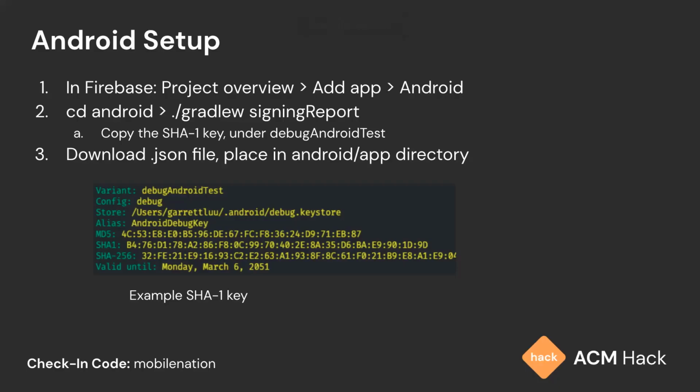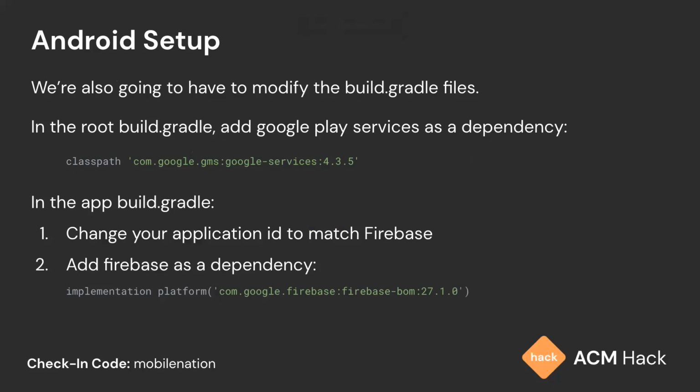So this is just an example of what it looks like. We're also going to have to modify the build Gradle files. So this is kind of annoying. Basically, inside of the root build Gradle, we're going to have to add Google Play Services as a dependency.